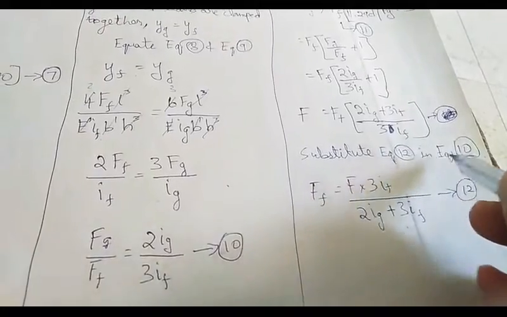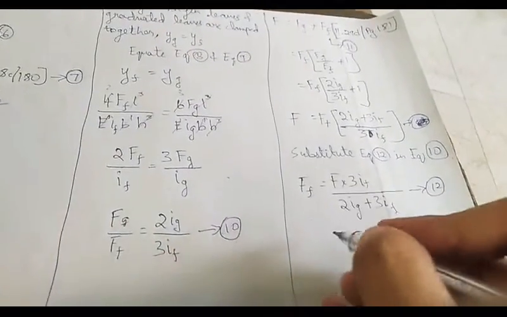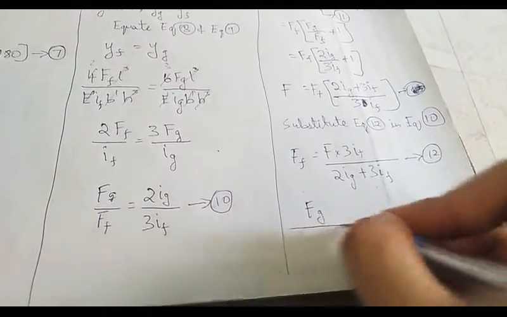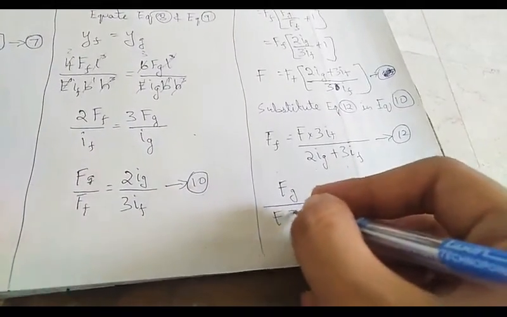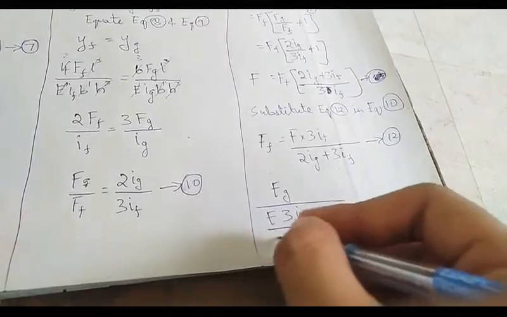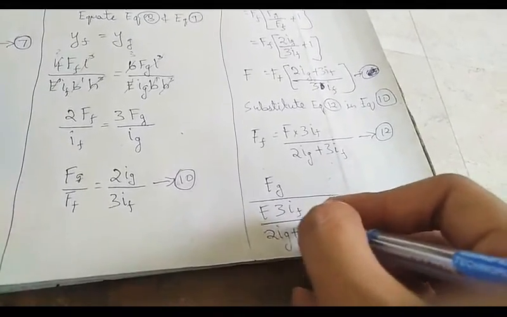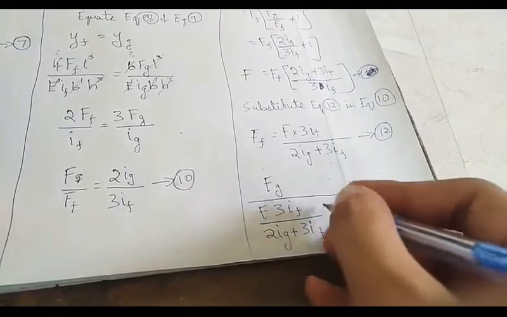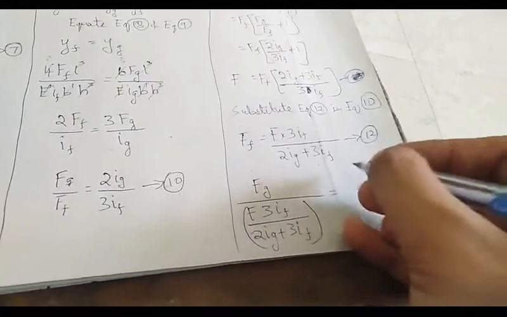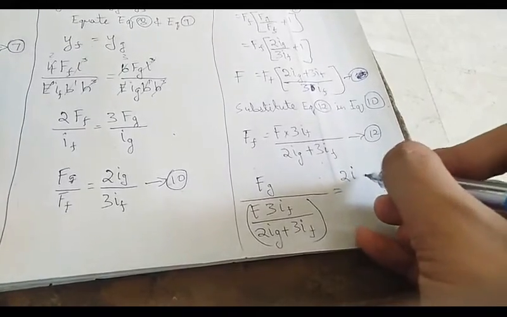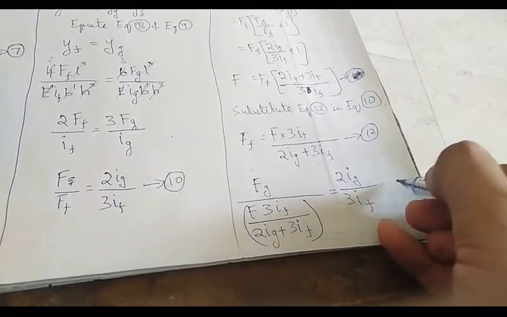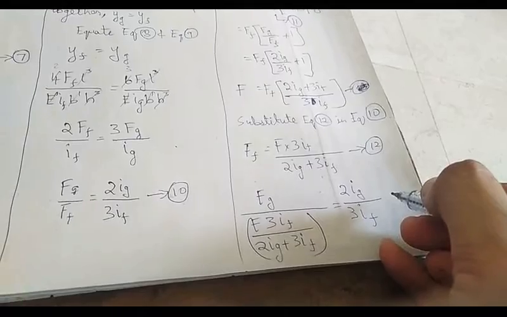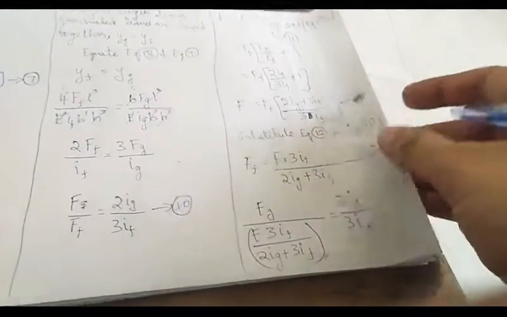Now substituting equation 12 in equation 10. In equation 10, Fg divided by, for Ff, I'll substitute this entire expression, F into 3If divided by 2Ig plus 3If, is equal to 2Ig divided by 3If. So we'll alter this equation.